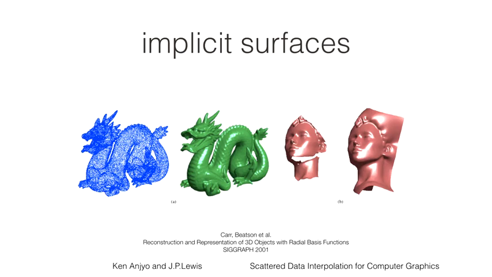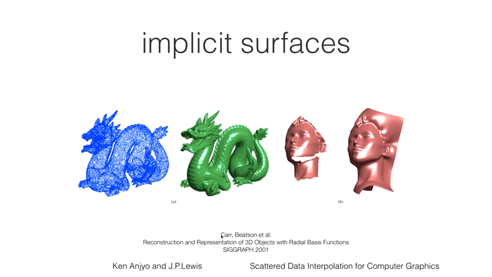It's usable for reconstructing implicit surfaces from noisy point cloud data, such as you would get from your Kinect or from a LiDAR scanner. So this was a really great paper in 2001, Carr, Beatson et al. They showed a scattered interpolation method that is quite fast.